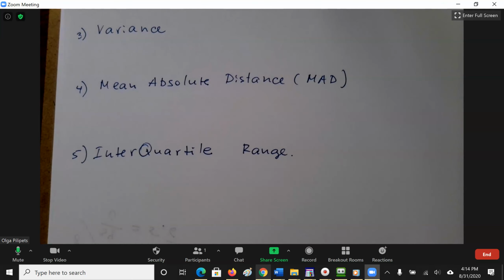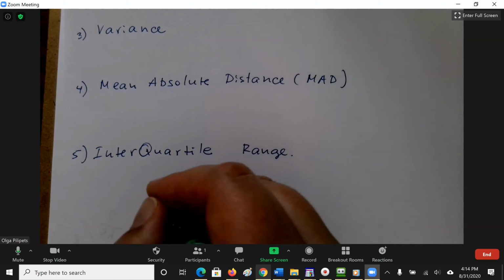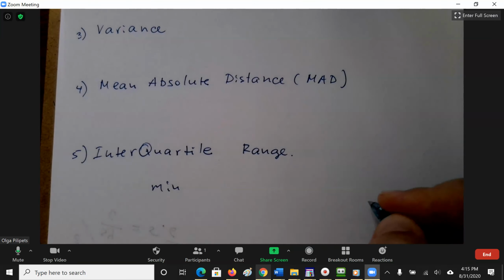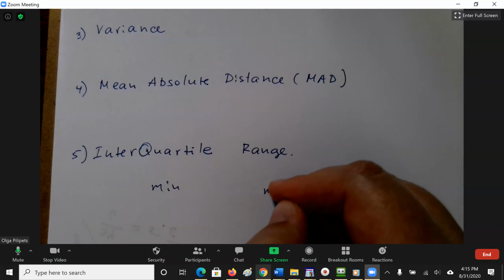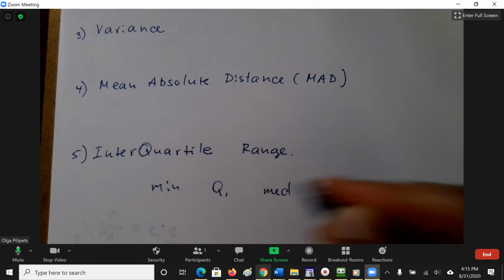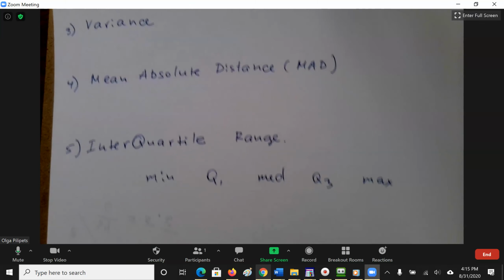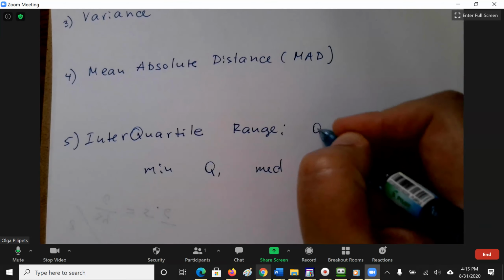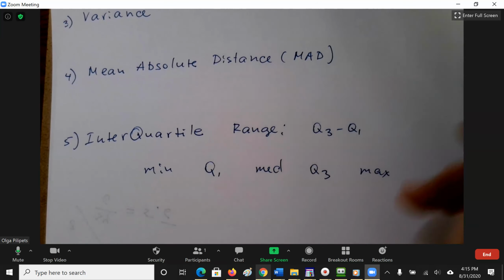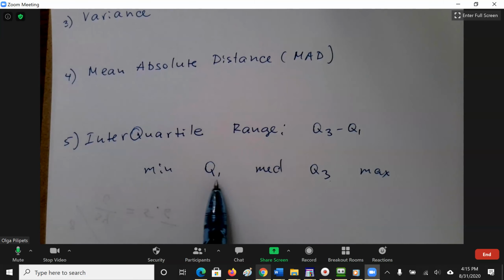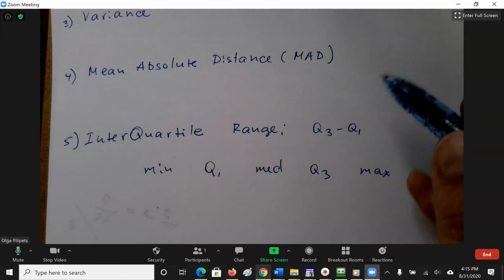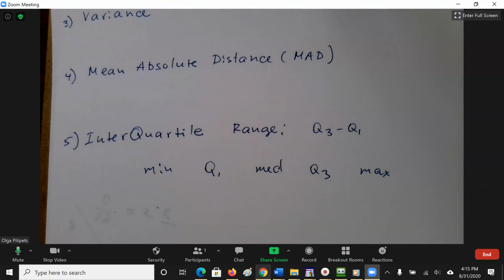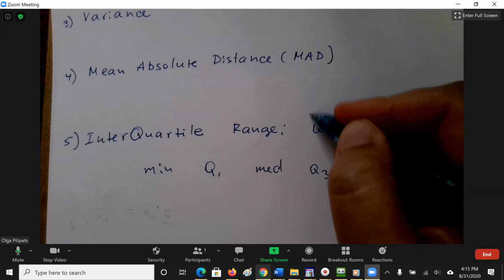So if you remember our 5-number summary when we did box plots, we talked about 5 numbers: the min, the max value, the median, and then quartile 1 and quartile 3. So the interquartile range is actually the difference between the quartiles. It's a distance between these two values. So the formula is Q3 minus Q1. That's as simple as that.